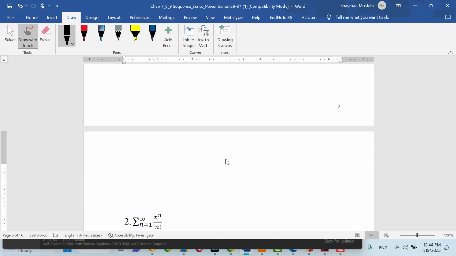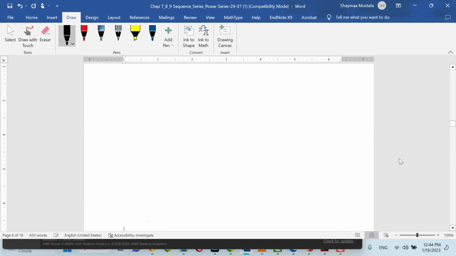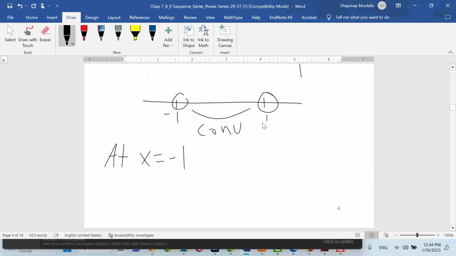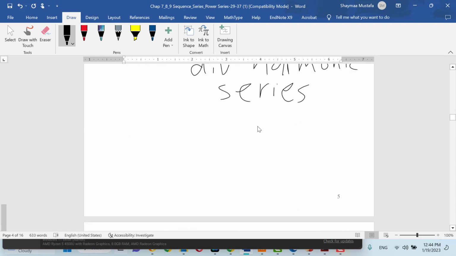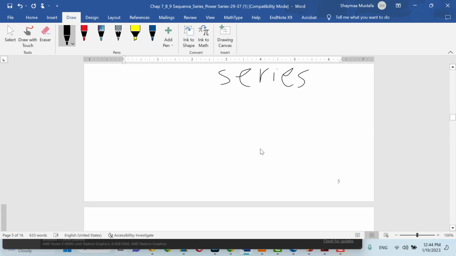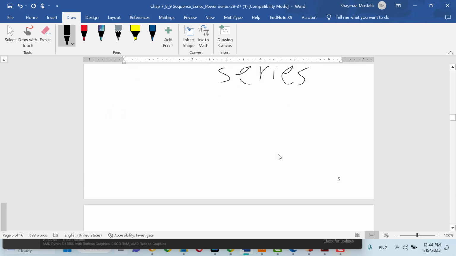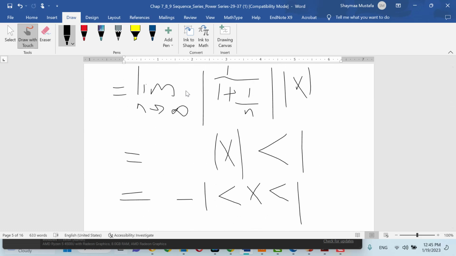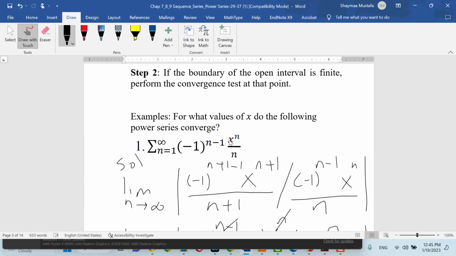In a similar way, we need to check at x equal to 1, the second point of the interval, because our interval is from -1 to 1. Now we have checked x equal to -1. We also have to check when x equal to 1. So at x equal to 1, we go back to the original series and replace x by 1.